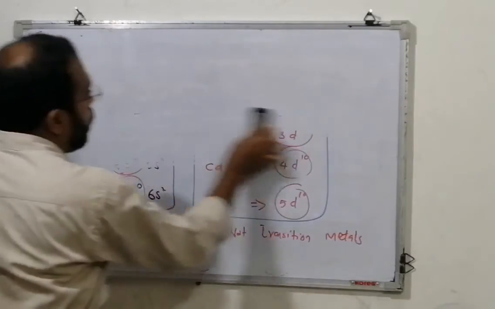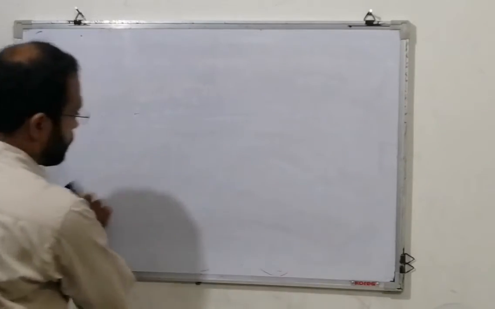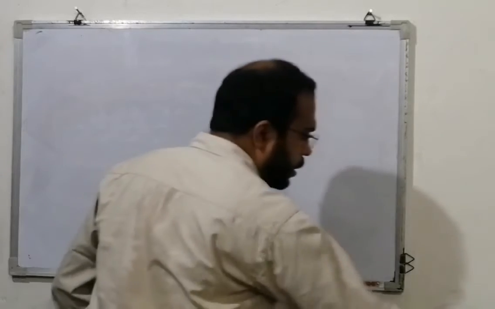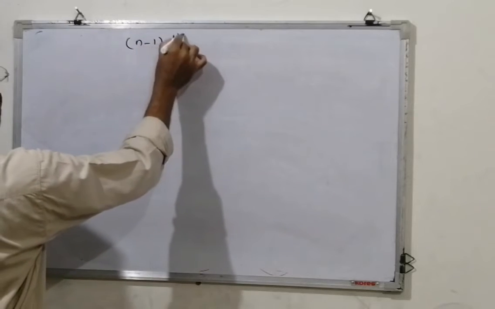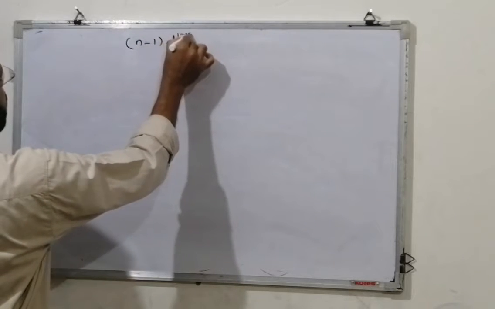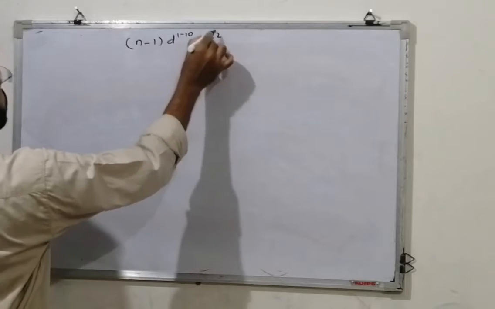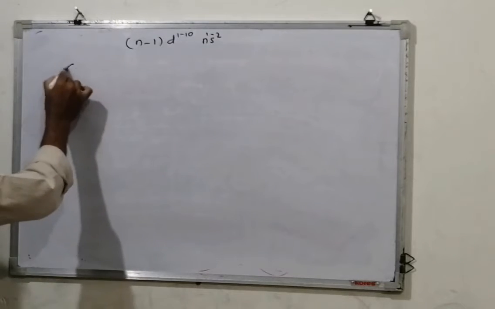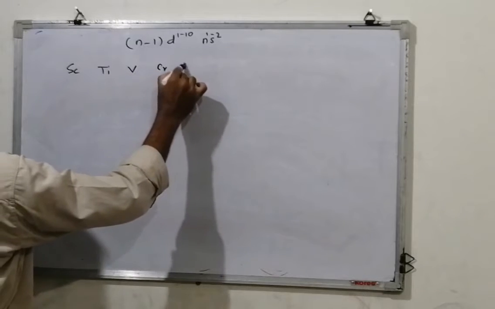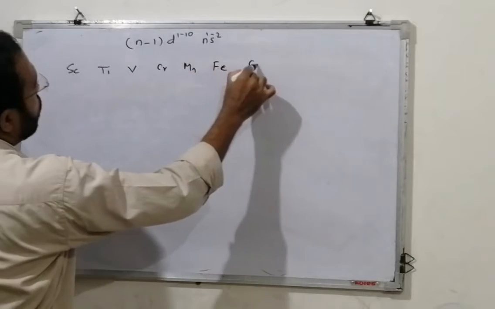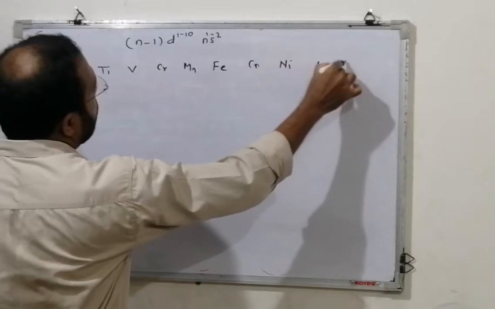Now, what is the electronic configuration? The general electronic configuration, I said to you, is (n-1)d 1 to 10 ns 1 to 2. We know scandium, titanium, vanadium, chromium, manganese, iron, cobalt, nickel, copper, zinc.